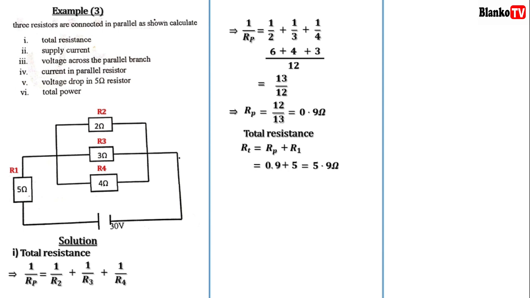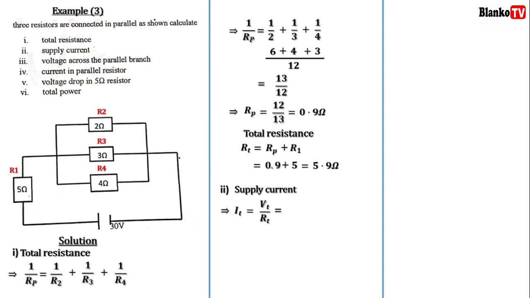Okay, so let's move on to II, which is the supply current or the total current. IT, which is the total current, is equal to VT over RT, that is the total voltage divided by the total resistance.